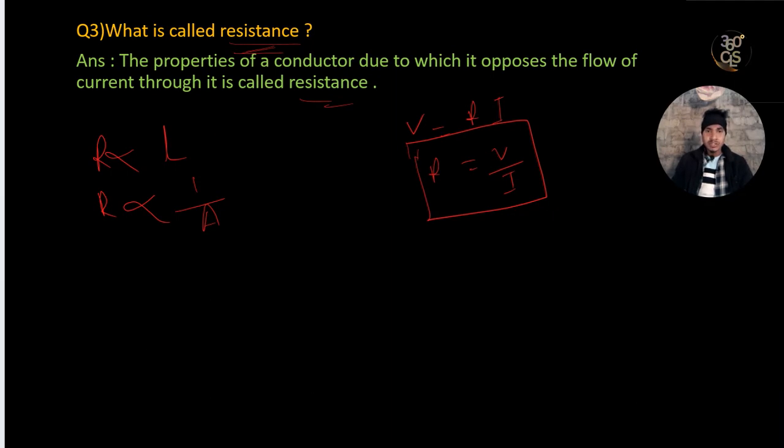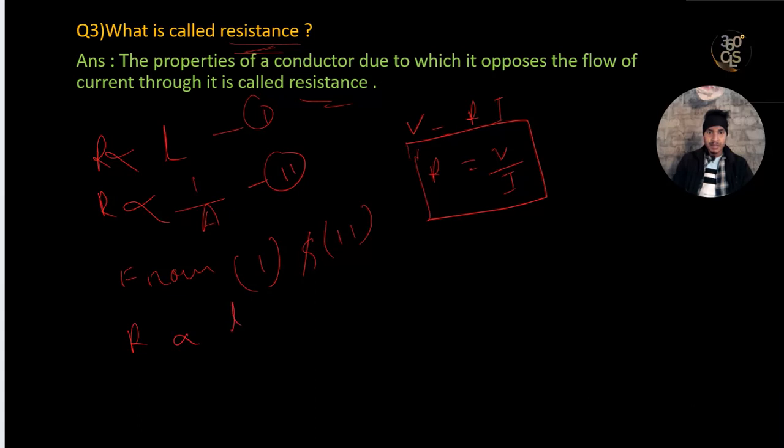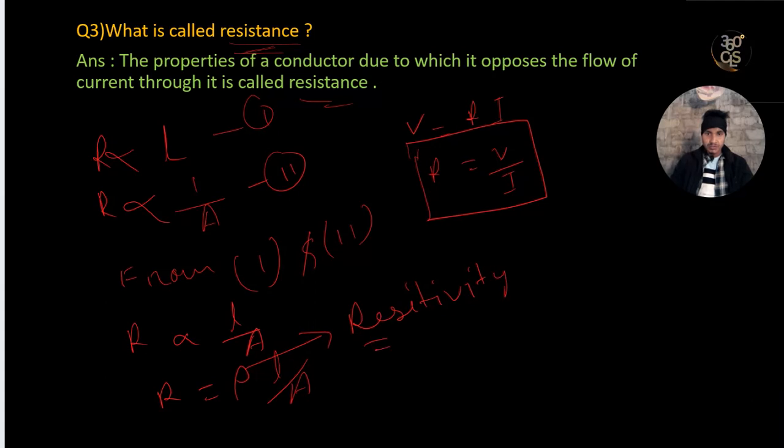So this is 1 and this is 2, and from 1 and 2, R is directly proportional to L upon A, and R is equal to rho L upon A. Rho means resistivity. So from this we can say rho is equal to R A upon L. This is also an important formula.